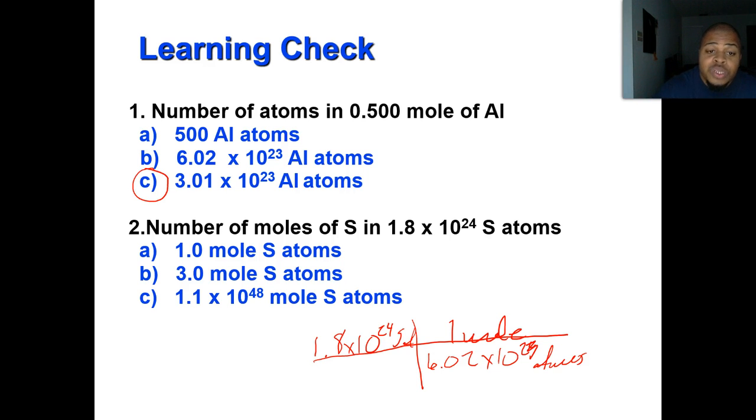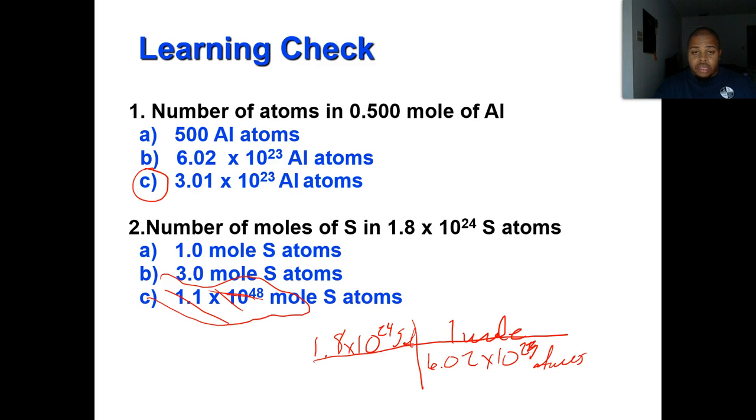There's one of these answers we should be able to discredit easily, and that's 1.1 times 10 to the 48th. That one is wrong. Horribly, horribly wrong. Never choose that one. But let's take a look at what we have here.